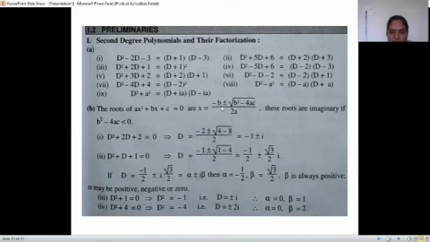So we have minus 5 plus minus 1 upon 2 into 1, that is upon 2. So minus 5 plus 1 is minus 4 by 2, minus 2. So the first value we are getting is minus 2, and second, minus 5 minus 1 is minus 6 by 2, that is minus 3.